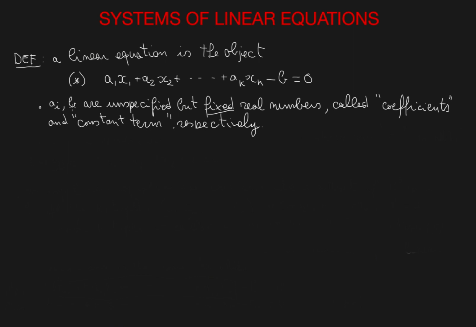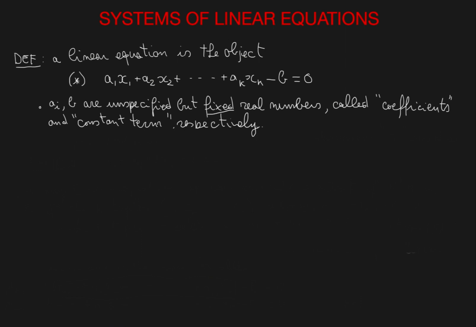The a's and b are unspecified but fixed real numbers. They are called coefficients and constant term respectively. So b is called the constant term, and the ai's are called coefficients. A coefficient is usually something related to something else by a multiplication, and since these ai's are fixed real numbers, we'll see in a moment that this is indeed real number multiplication.